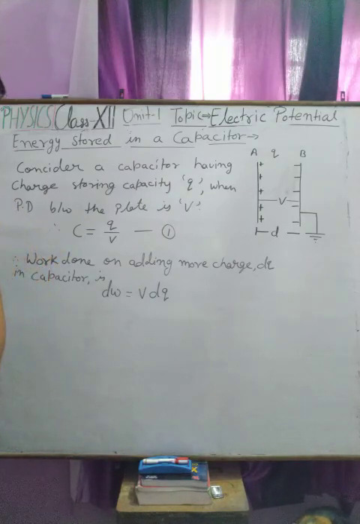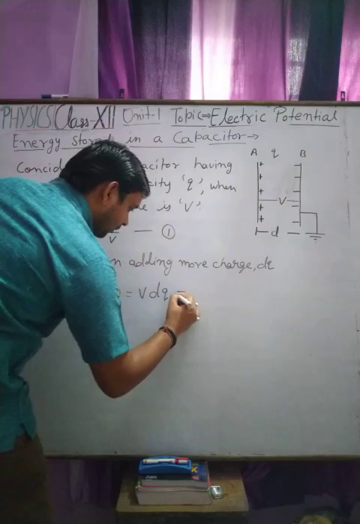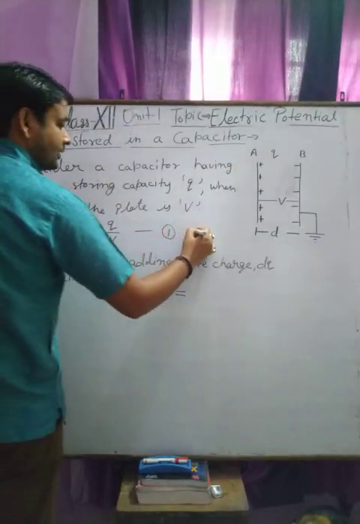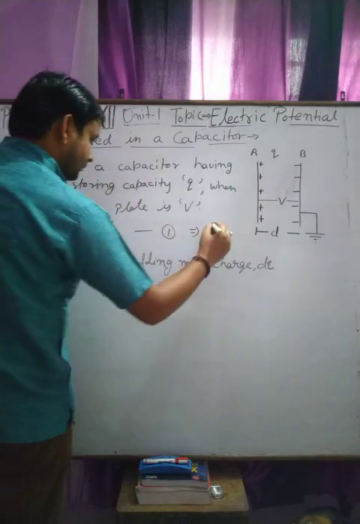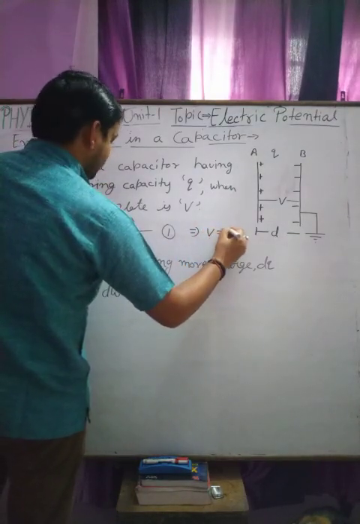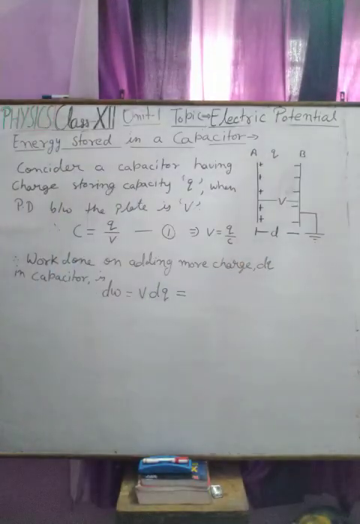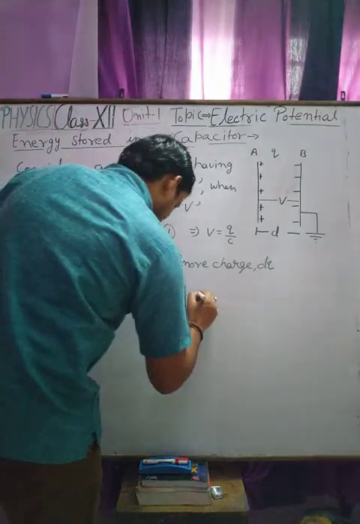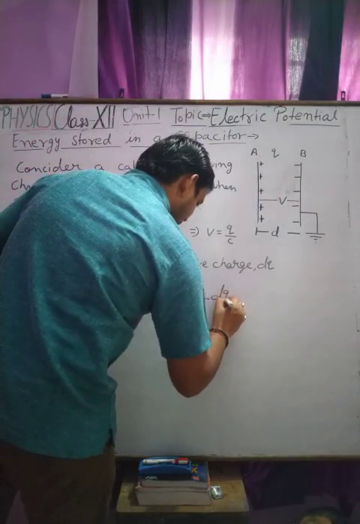Now, on putting the value of V from equation first, that is V is equal to Q upon C, we get dW is equal to Q upon C dq.